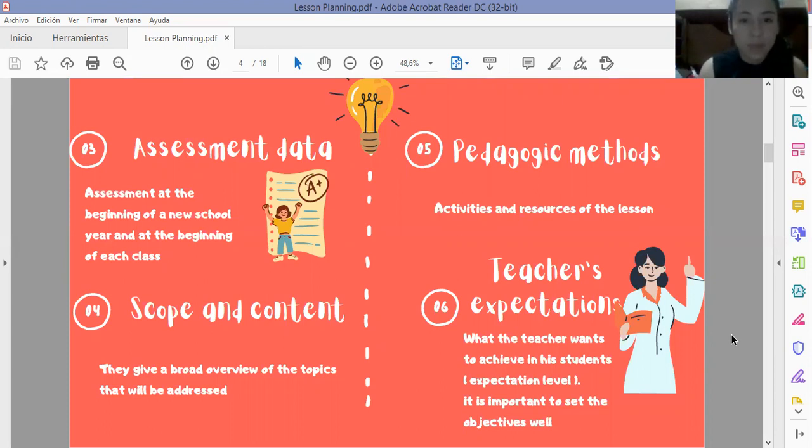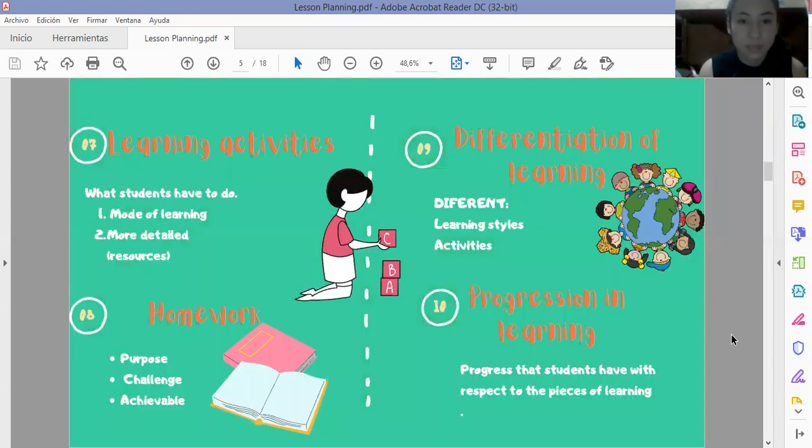The fifth element is pedagogic methods, in which activities and resources of the lesson are included. And the sixth element for a perfect plan is teacher's expectation, which is basically what the teacher wants to achieve in his students. That means expectation level. And it is important to set the objectives well in order to achieve the teacher's expectations. Next, please.